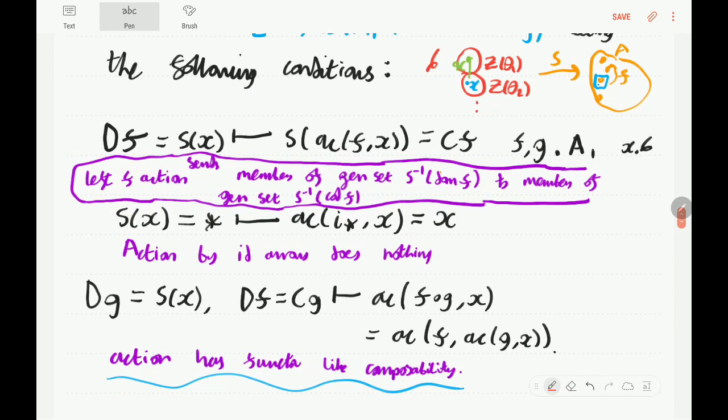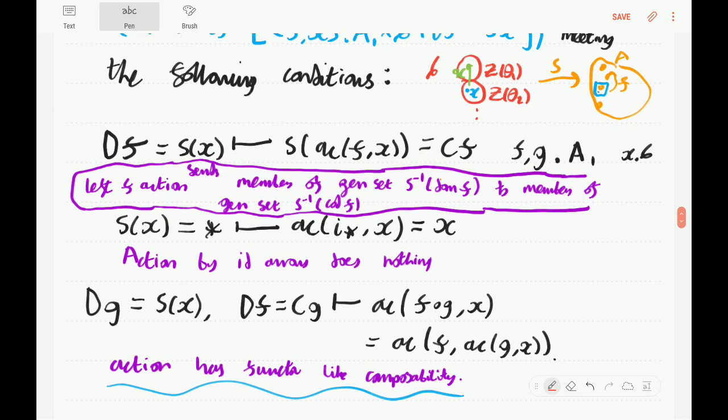That's the description of how we can set up a kind of functor from this small category A to the base category E.